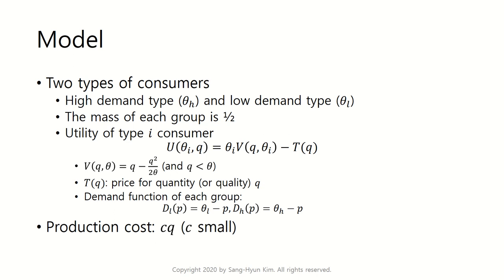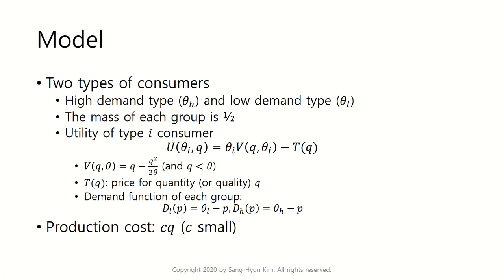So this theta times V is the utility that this consumer enjoys because he consumes this good, and minus T of Q is the payment that this consumer is making.